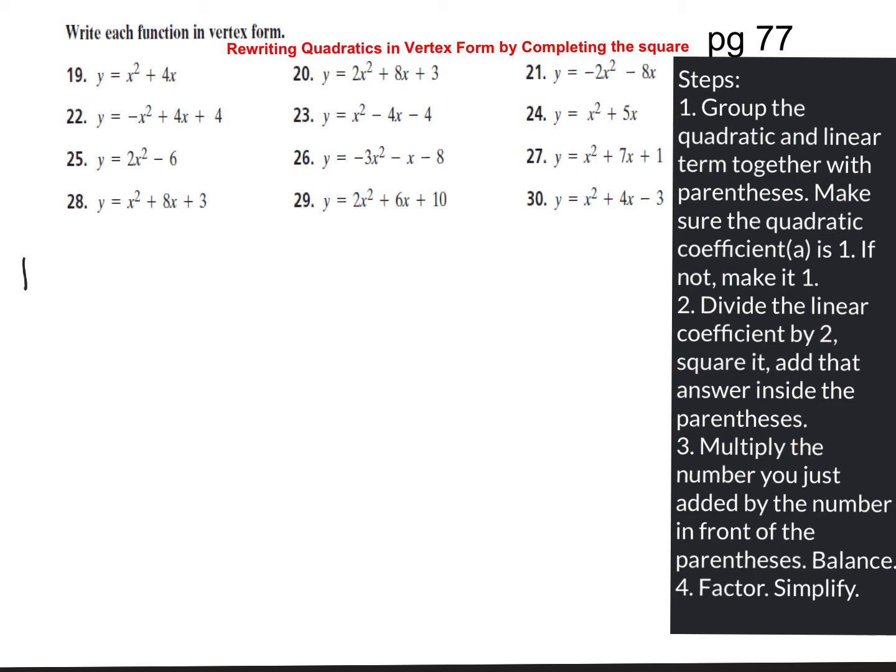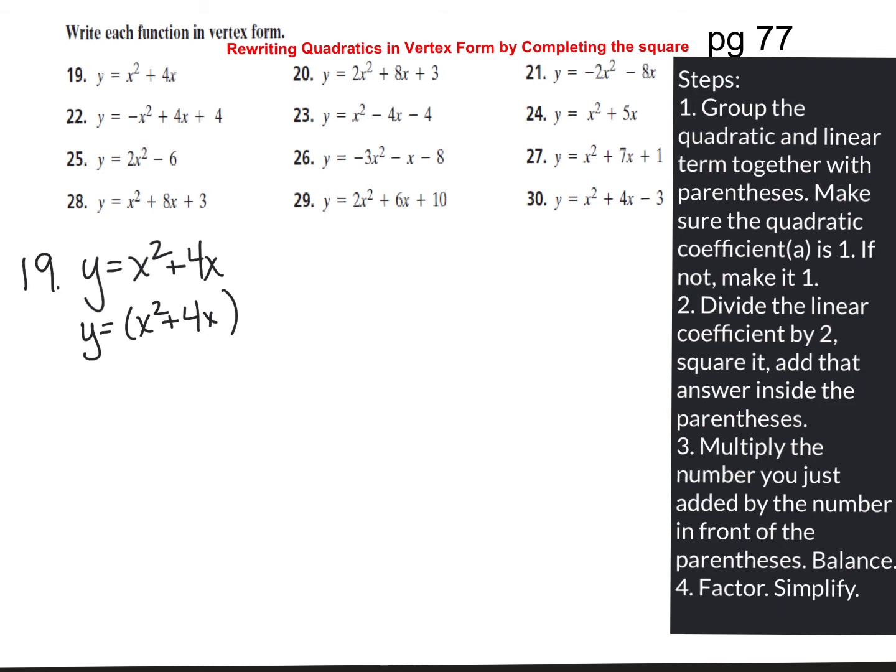Number 19, I do believe, is the one that we started with. Y equals x squared plus 4x. As the steps say over there, we group the quadratic and linear term together. Next, we check to make sure the a value, or the coefficient of the quadratic term, is 1. It is.